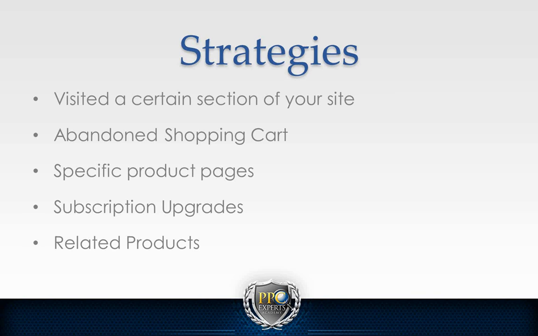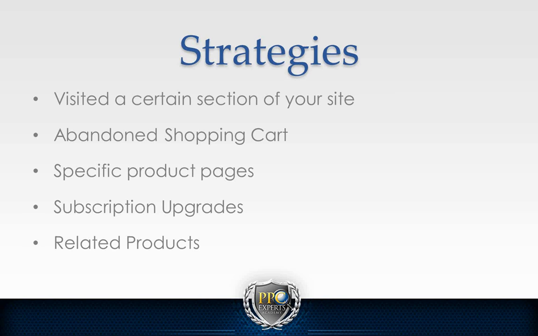So here are a couple different strategies that you can use for remarketing. You can set audiences for people that visited a certain section of your website, so maybe a certain category page. For example, we were looking at the pawn supplies niche a minute ago, and we're looking at the pumps. We could create an audience for every user that visited the pumps pages.